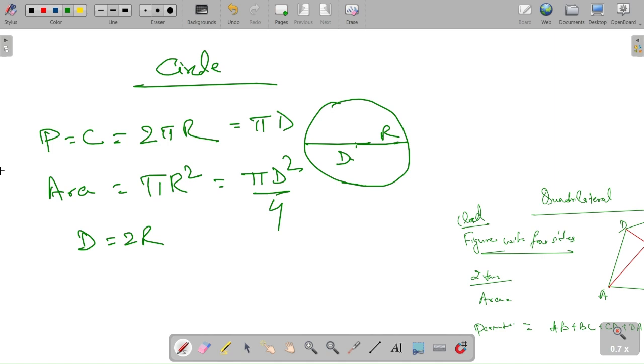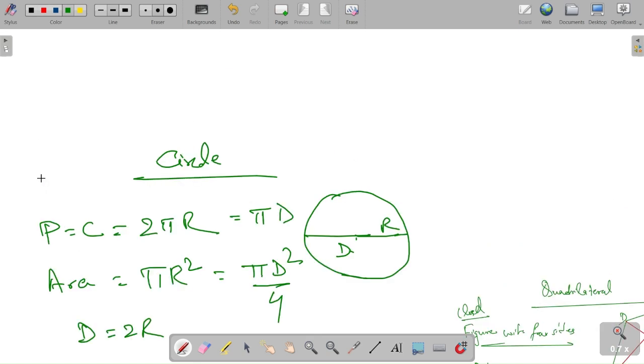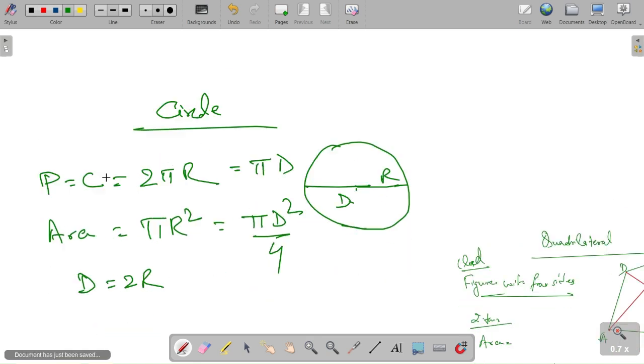You first practice, then if you are stuck on some sum, please send it to me beforehand, so that I will first try to give you a voice message on how to solve it. If you can't solve it even then, we'll discuss it in the class. So we have discussed triangles, quadrilaterals and circle. Clear?